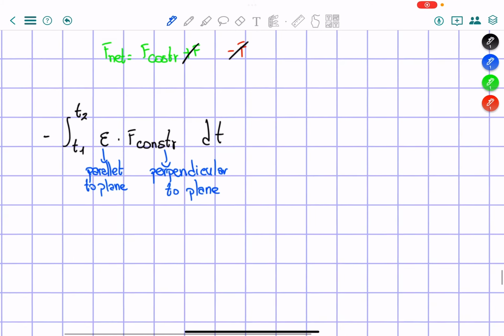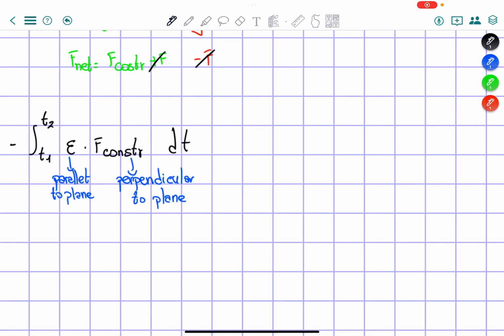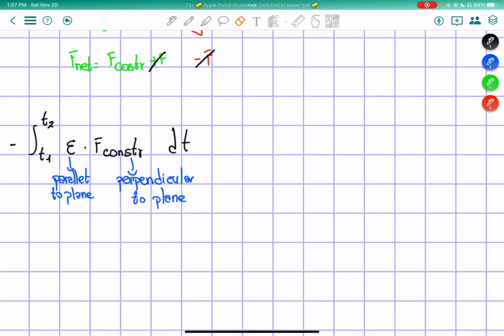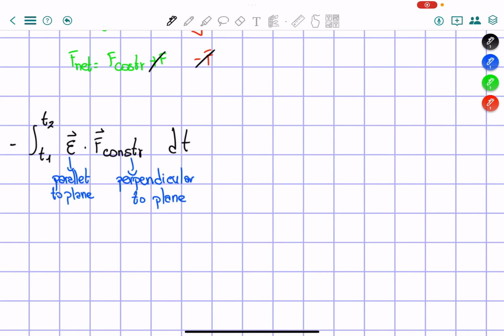So we have a dot product of two vectors, and remember these two are always vectors, always pointing in a direction.